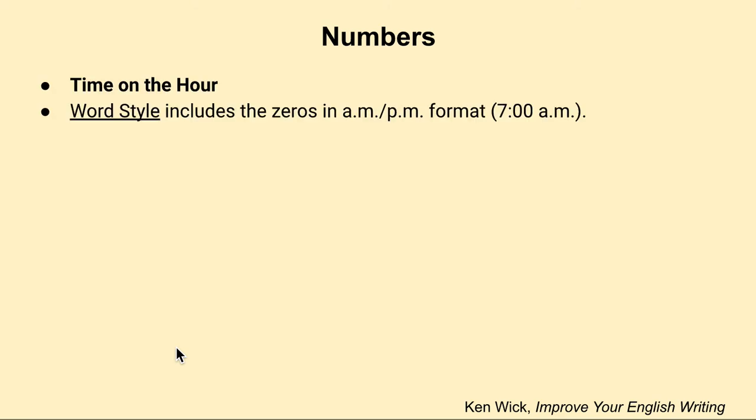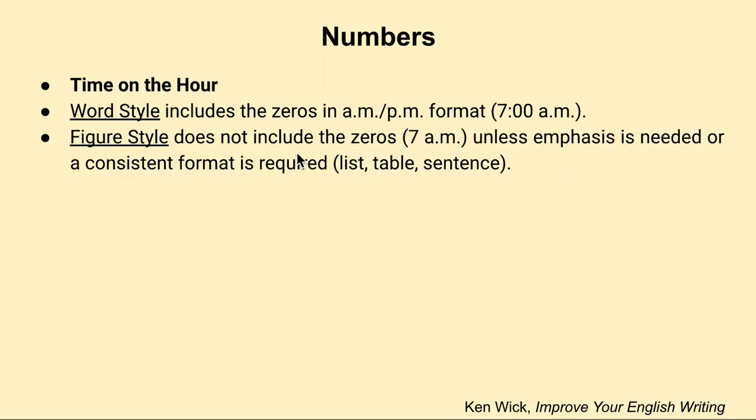How about a time on the hour? Well, when you have a time on the hour, like 7 a.m., word style includes the zeros in the AM or PM, so it writes it this way. However, figure style does not include the zeros. It just writes it this way, unless emphasis is needed or a consistent format is required, like in a list, table, or sentence. So its default is this, without the zeros, unless you need emphasis or you need a consistent format.